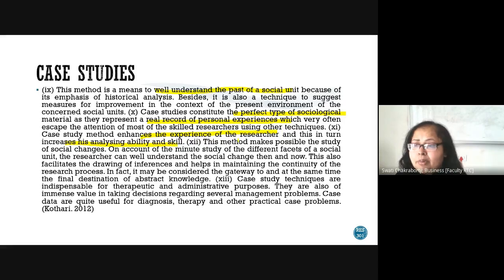This method also makes possible the study of social changes. Case study techniques are also indispensable for therapeutic and administrative purposes. They are also of immense value in taking decisions in several management problems.